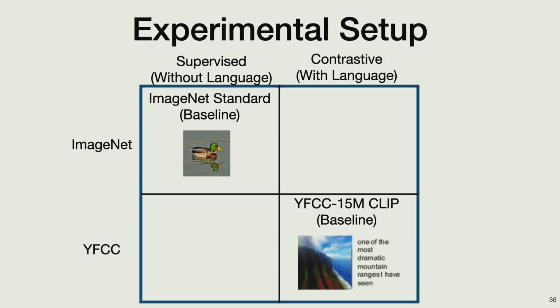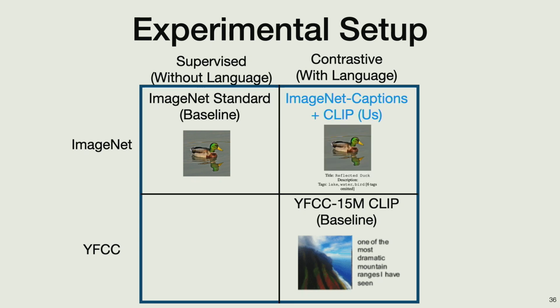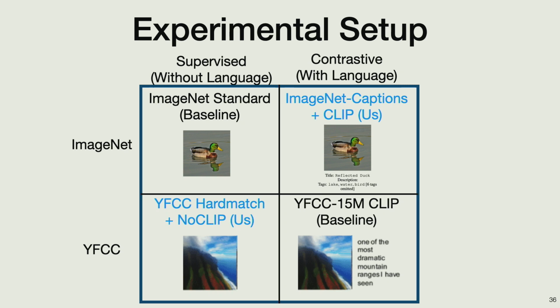For a controlled experiment, you would like the full grid, so you can compare by holding one factor constant. So this is what we did. We did CLIP training on a text-augmented variant of ImageNet, and we did supervised image-only training on YFCC. So this is what we'll talk about next, these 2 experiments.